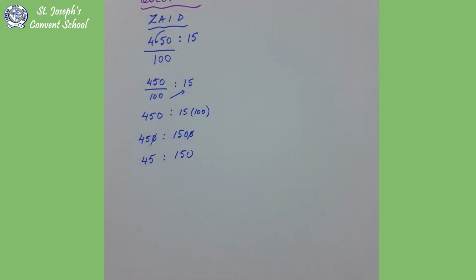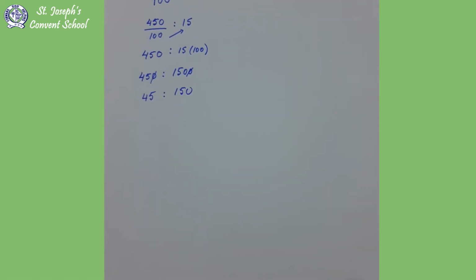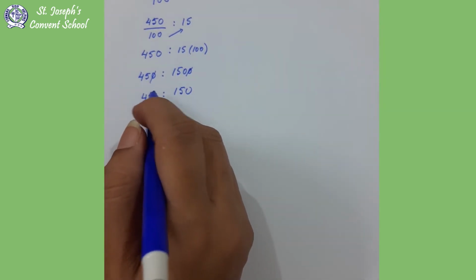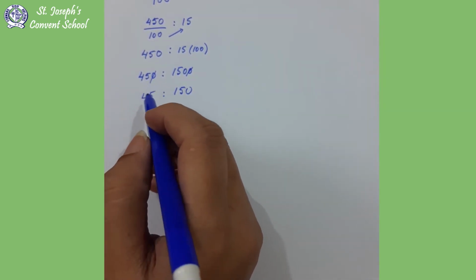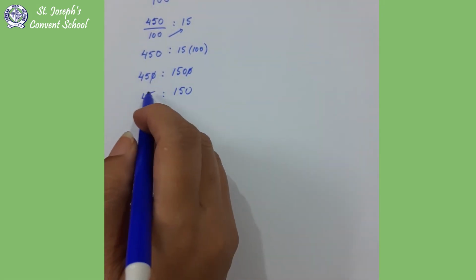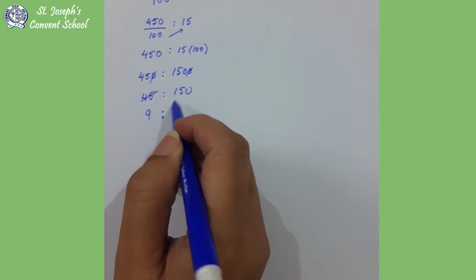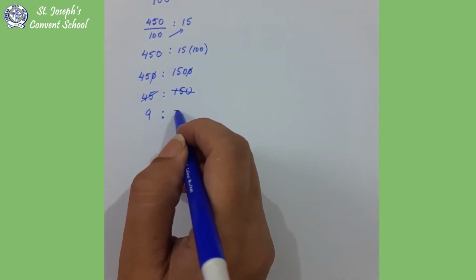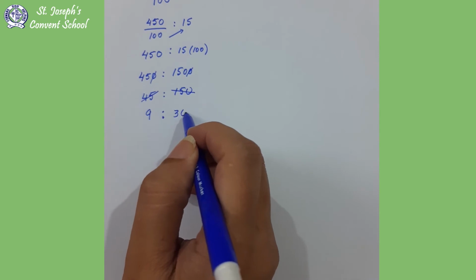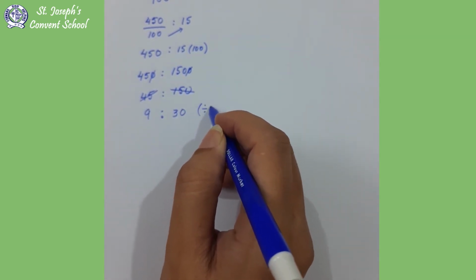Now check in which table it goes. Let's divide it by the same number. Let's divide this by 15. Oh sorry, divide it by 5. Let's start with the small number. 5 nines are 45 is to 5 threes are 15 and 0. So we have divided this by 5.